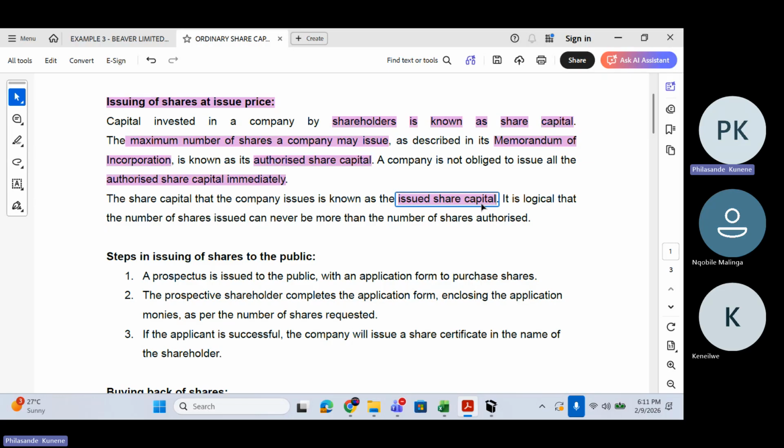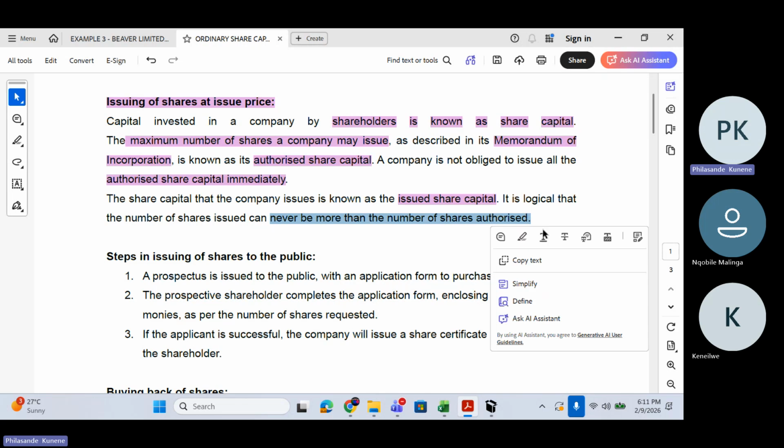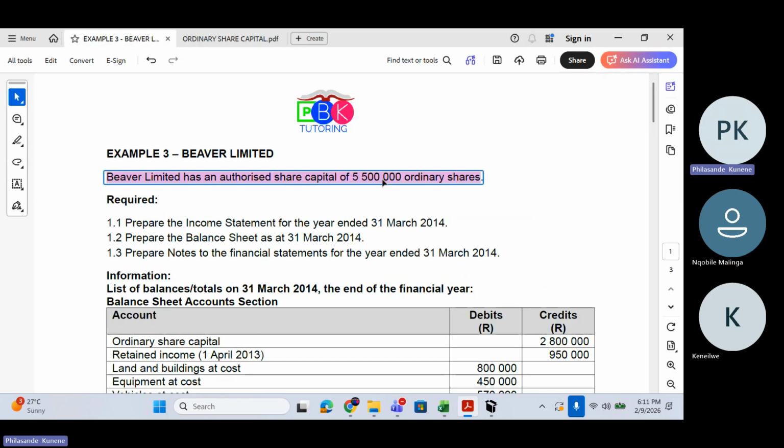The share capital that the company issues is known as issued share capital. It is logical that the number of shares issued can never be more than the number of shares authorized. But I did say before that we can issue more and then go and request the shareholders to authorize that. If we are only authorized to issue 5,500,000, I cannot issue 6 million shares.